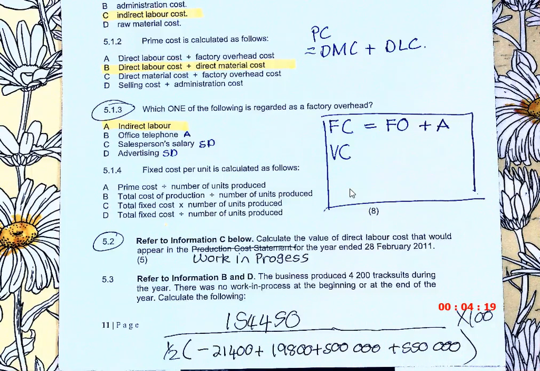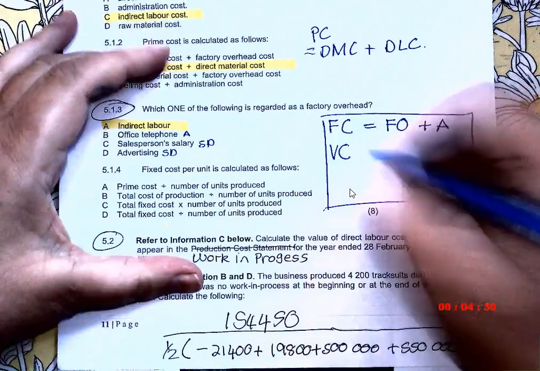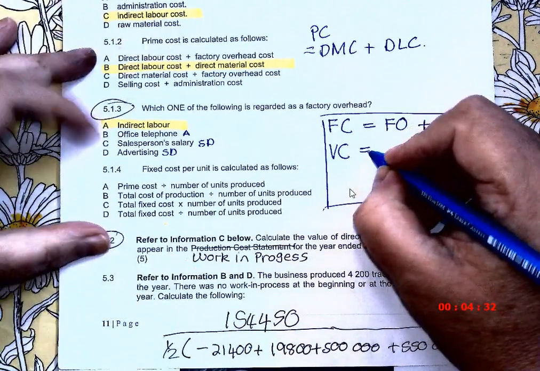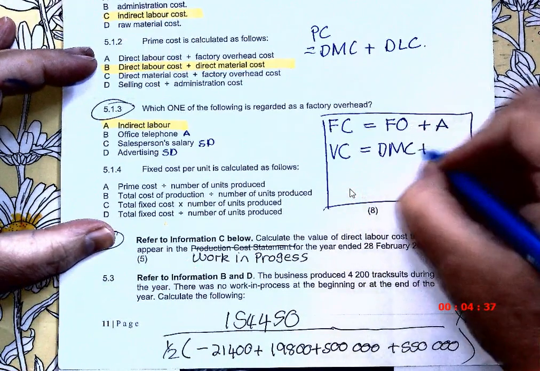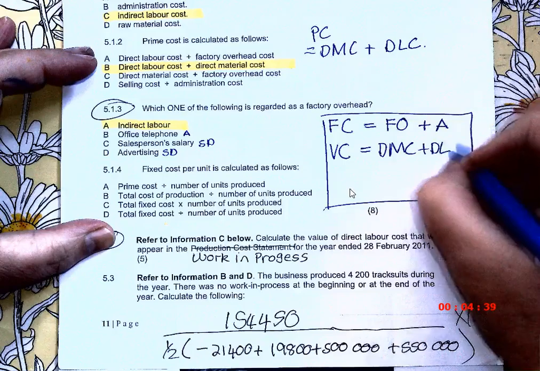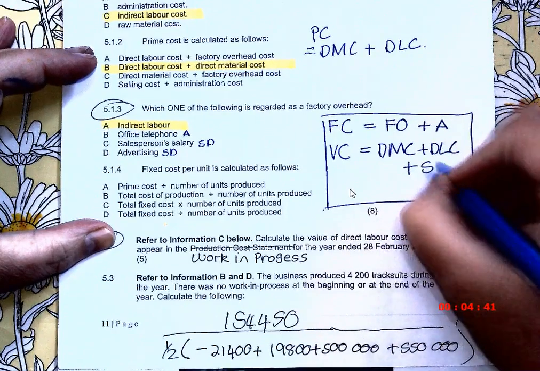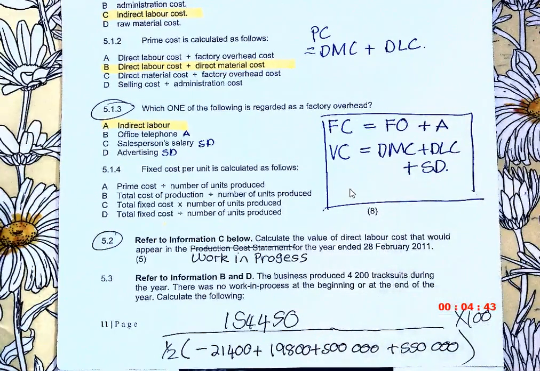If I bake 3 cakes, 2x, 2x, 2x, now I've got 6 eggs. Can you see it goes with the units? Everybody with me? Okay. So your variable cost is going to be your direct material, direct labor, and sales and distribution. So that's what you need to remember.